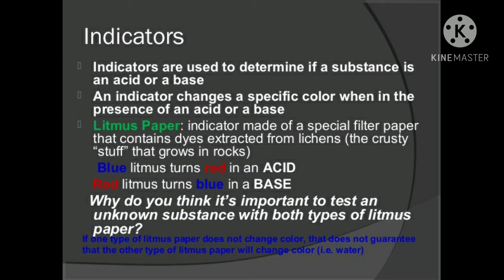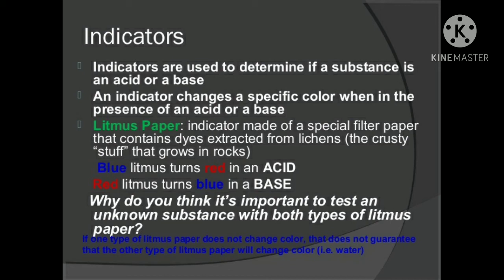Litmus paper is an indicator made up of a special filter paper that contains dyes which are extracted from lichens. Blue litmus paper turns red in an acid, and red litmus paper turns blue in a base.